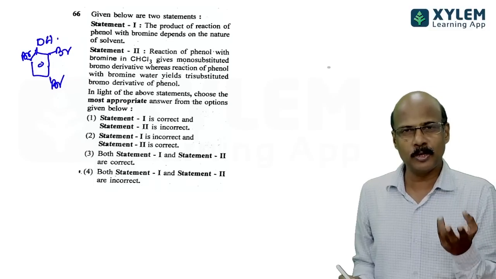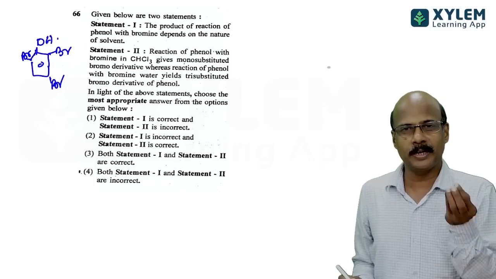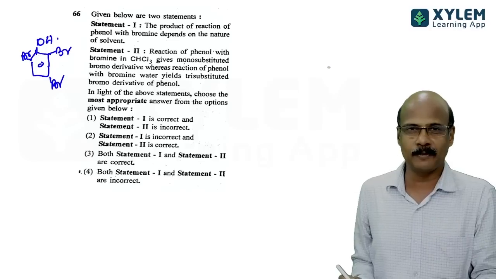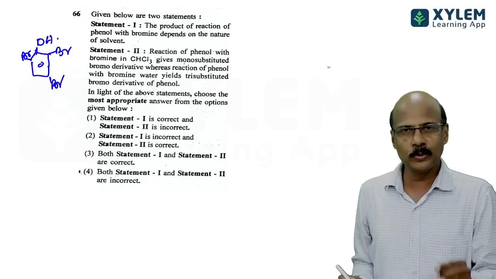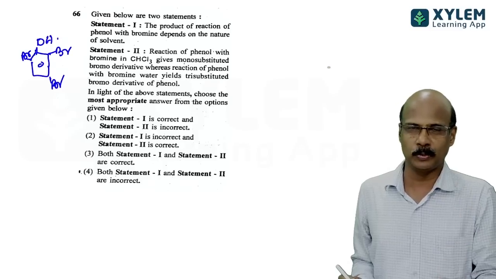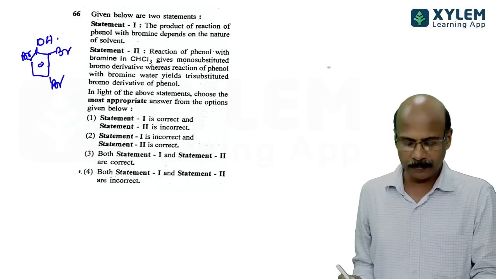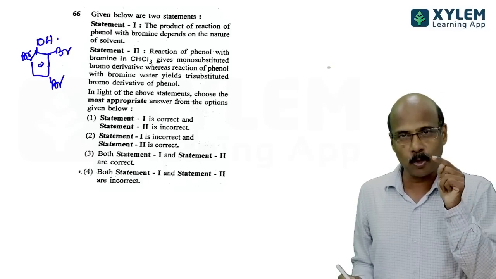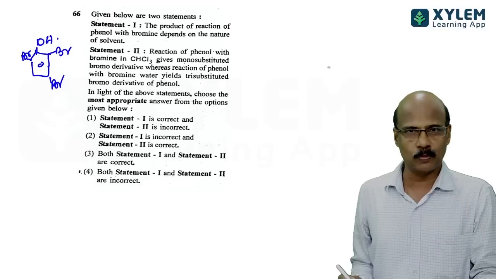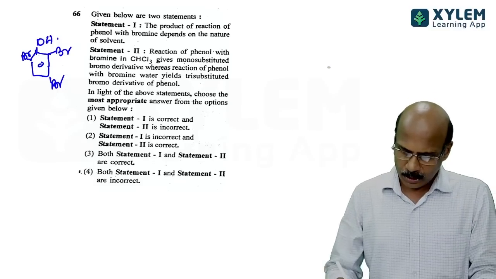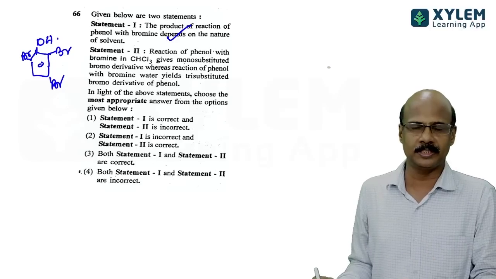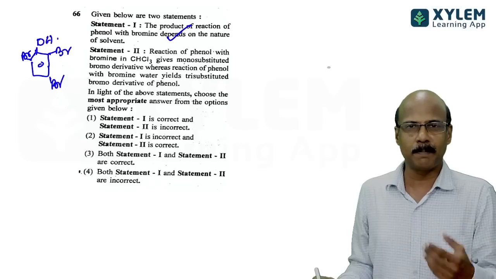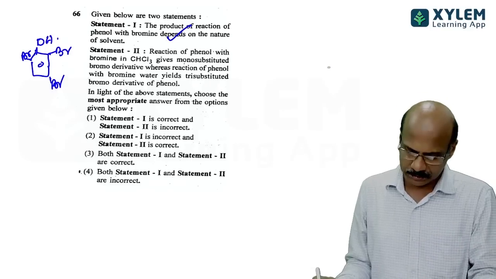If you take phenol and bromine in carbon disulfide or carbon tetrachloride, a less polar solvent, you can get only the mono-substituted, monobrominated phenol. If phenol is treated with bromine water, it is 2,4,6-tribromophenol. So no doubt, as the polarity of the solvent changes, the number of substitutions will also change.